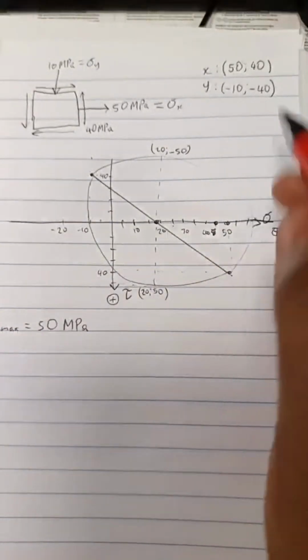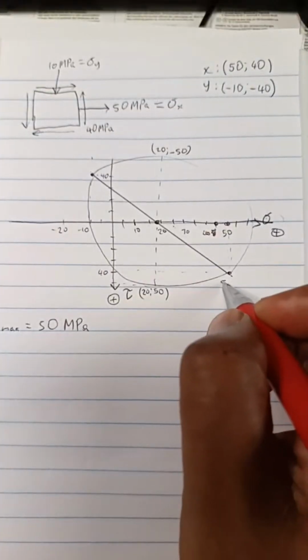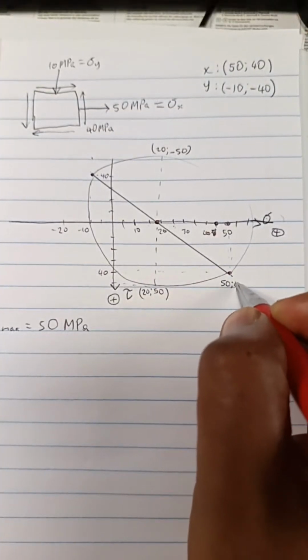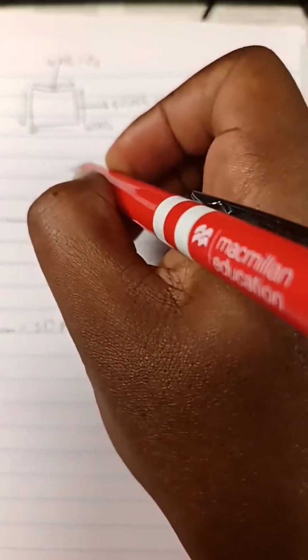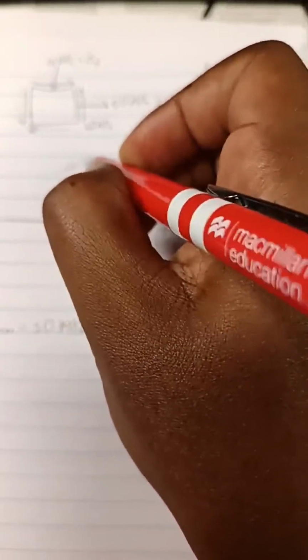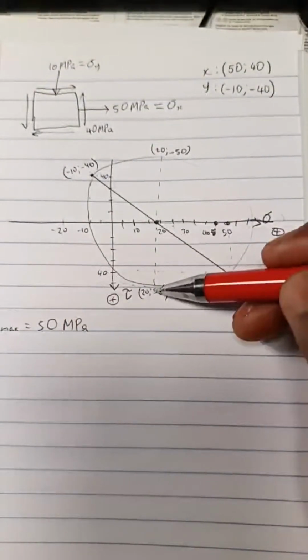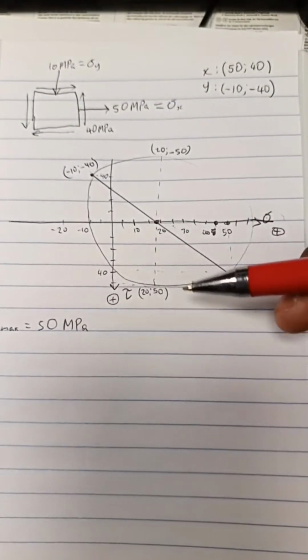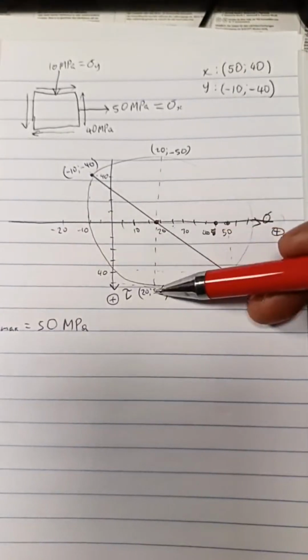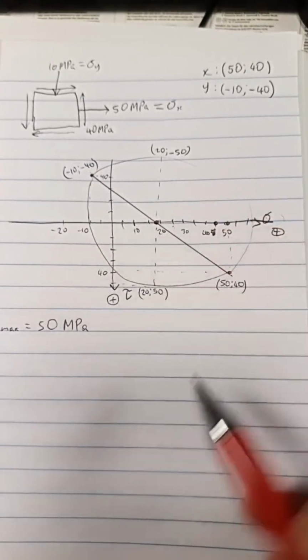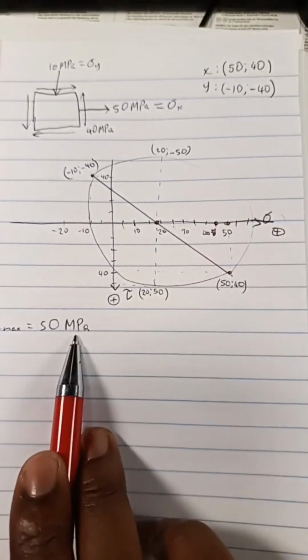Here we had 50 and 40, but here we had negative 10 and negative 40. Now here we have 20 and 50. This is the maximum shear stress.